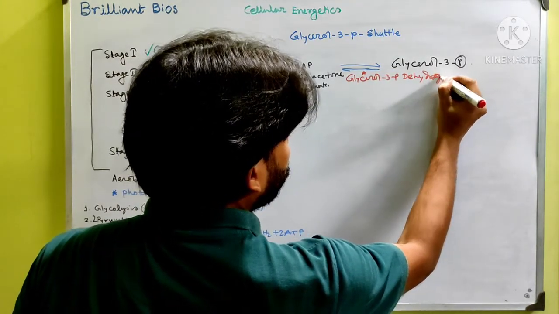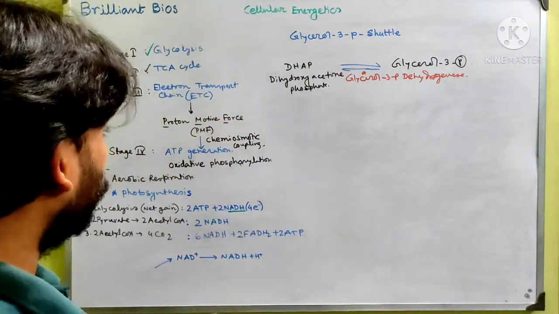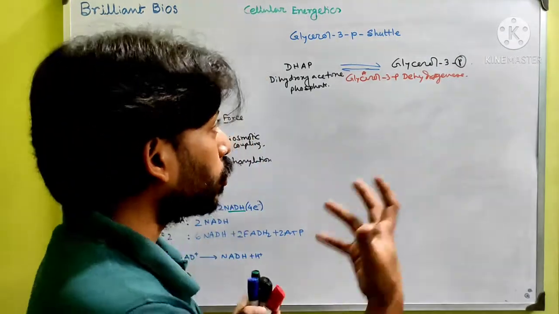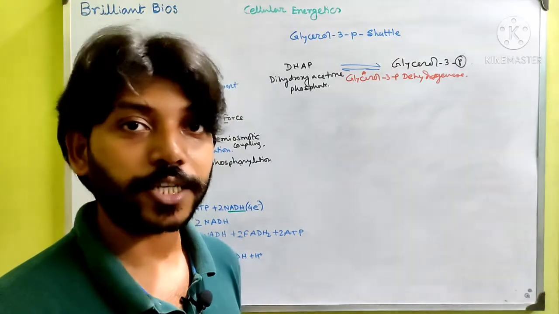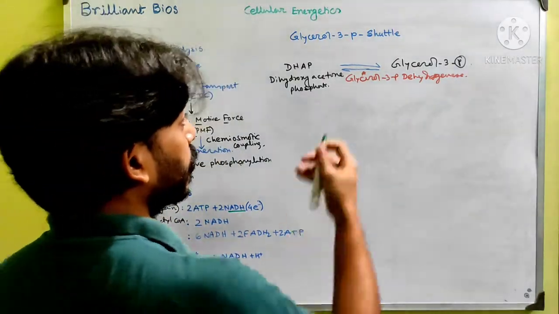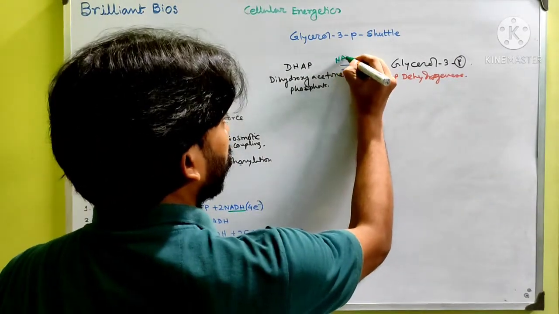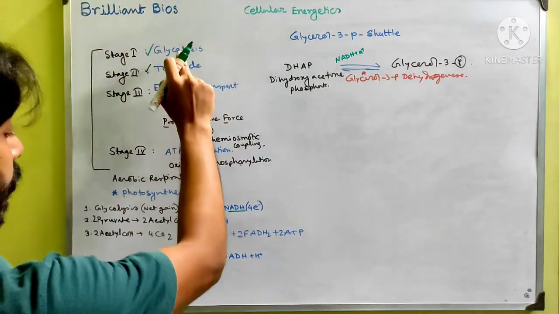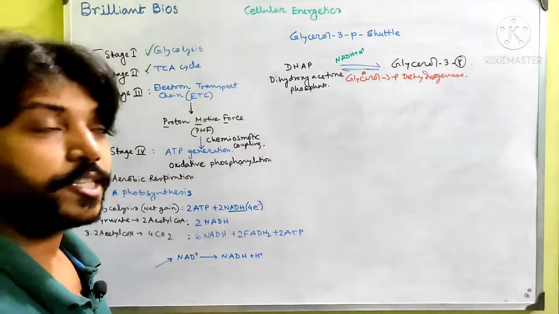Now you can understand, as I have mentioned in many previous videos, that enzymes named dehydrogenase can exchange hydrogen atoms with molecules. Here the hydrogen comes from NADH plus H plus, which is generated by glycolysis, as I have mentioned already. So this NADH is generated in the cytoplasm.